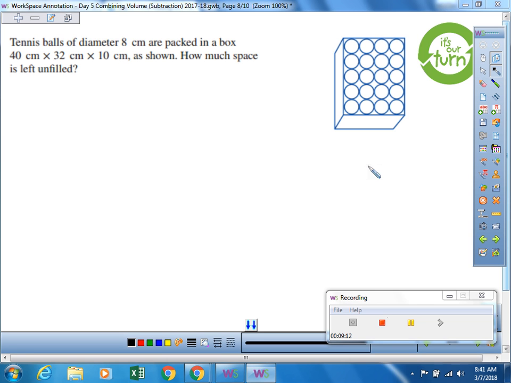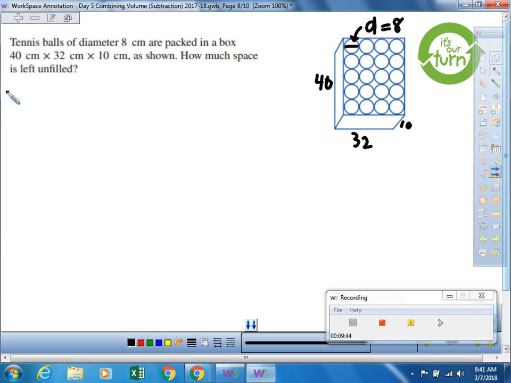Tennis balls of diameter 8 are packed in a box 40 by 32 by 10. So this is 40 by 32, and then the height is 10. The tennis balls inside have a diameter of 8. So, how much space is left unfilled?